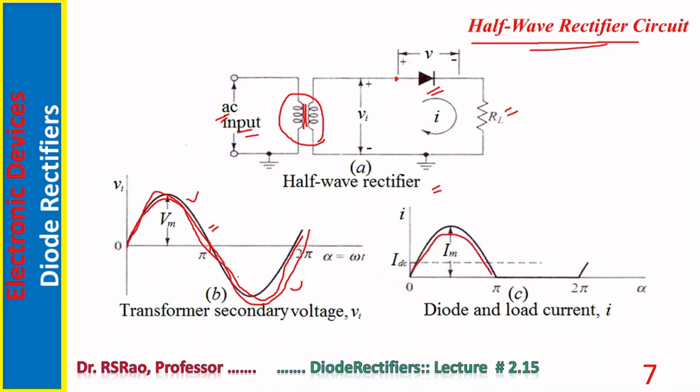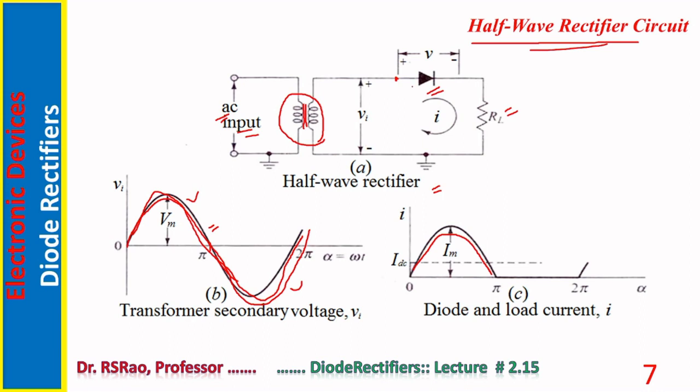During negative half cycle, anode of the diode is negative when compared to cathode of the diode. Therefore, diode is under reverse biased condition. It becomes an open circuit.